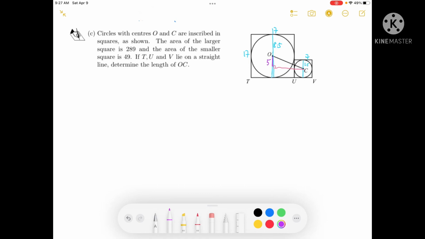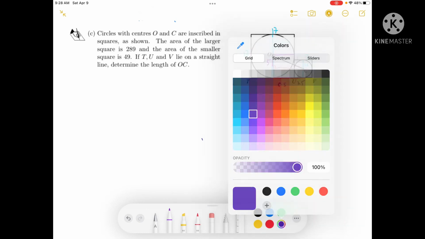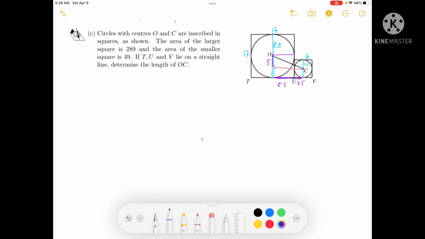Similarly, over here we have 8.5, and this is a square because it's one quarter of the whole square, and this is all 3.5. So in total, this length will be 8.5 plus 3.5, which is equal to 12.